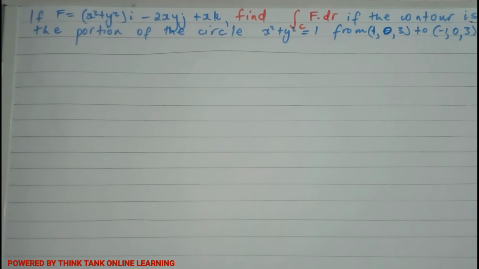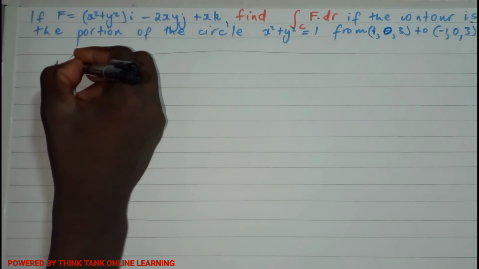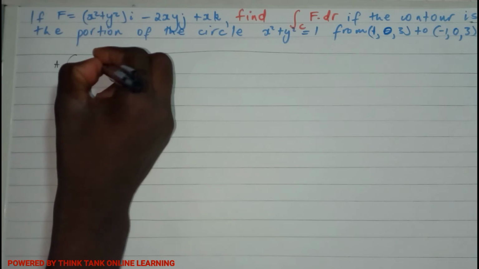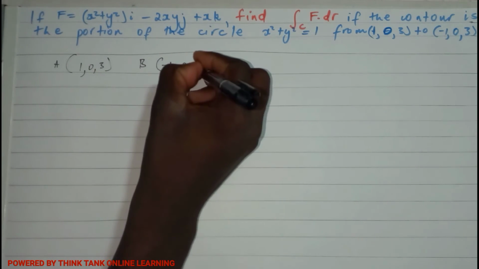Note that we're in space since we're given these coordinates. Let me write them in: for A, we have (1, 0, 3), and for B we have (-1, 0, 3).